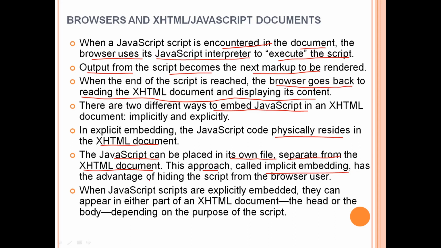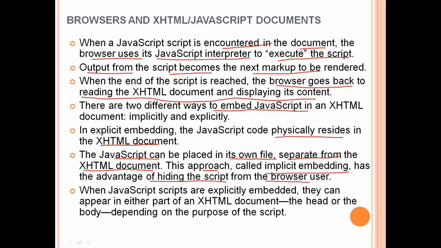It has the advantage of hiding the script from the browser user. Now why have a separate JavaScript file? One is that this separation is very useful to debug the JavaScript, because it is not mixed with the HTML code. Second and the most important advantage is hiding the script from the browser users.